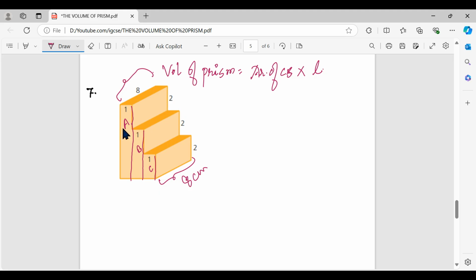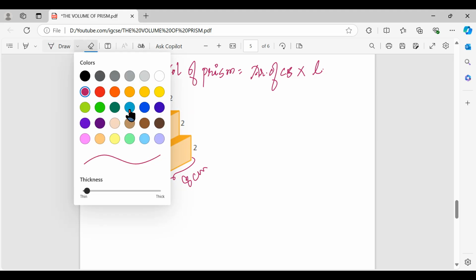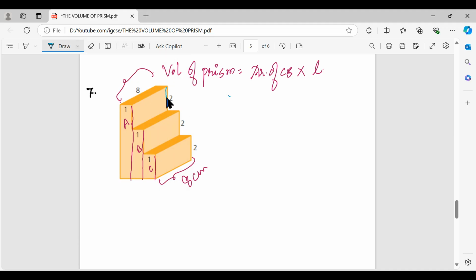Okay, now let's work on the area of cross section. As I said, we have divided it into shapes A, B, and C. Now what will be the height? You can see here 2. This length is 2, then this length is 2, and this length is 2.